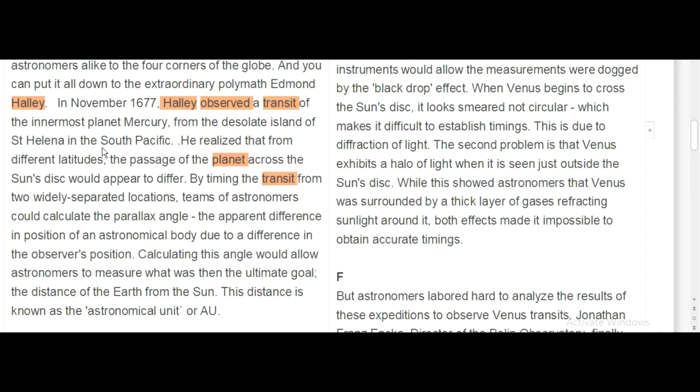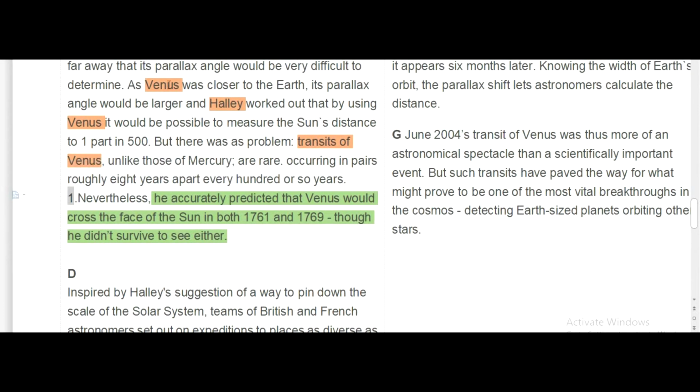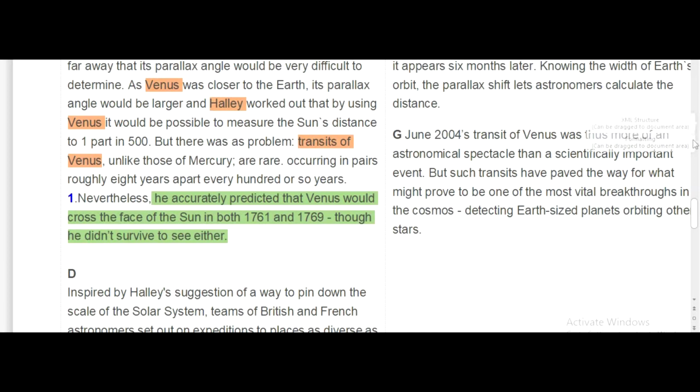We didn't find anything about Venus here, so that's why we kept scanning for more keywords. So here we found our keyword down here. Guys, these questions always come in order, that's why I'm gonna put the number right here. Right. Now let's move to the next question.